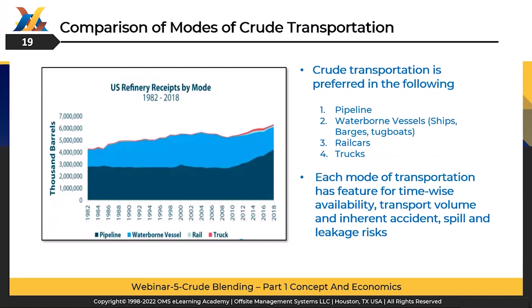Each of these modes has a feature for time-wise availability, transport volume, and inherent accident, spill, and leakage risk. But by looking at the graph, we can guess that pipelines and ocean vessels are the two most important modes of transportation of crude oil to the refineries.